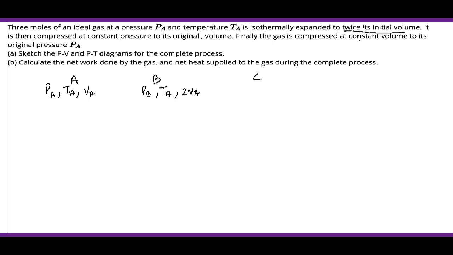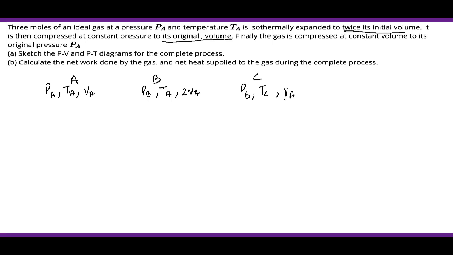And it is then compressed at a constant pressure to its original volume. So constant pressure, that means Pb will remain the same, and the volume will go to its original volume, so the volume will become Va. And then the temperature, let it be Tc. Finally the gas is compressed at constant volume to its original pressure Pa.